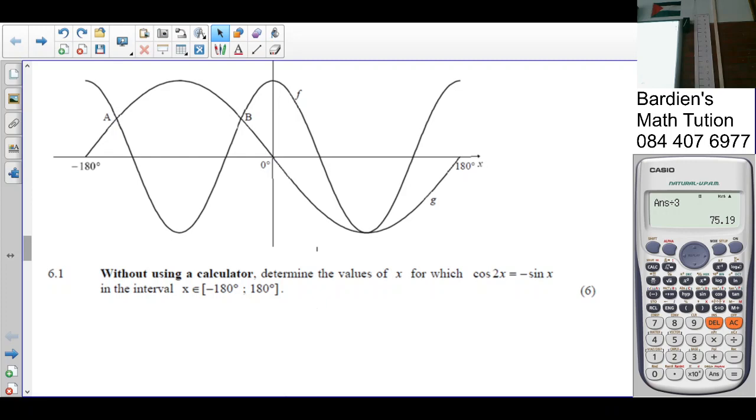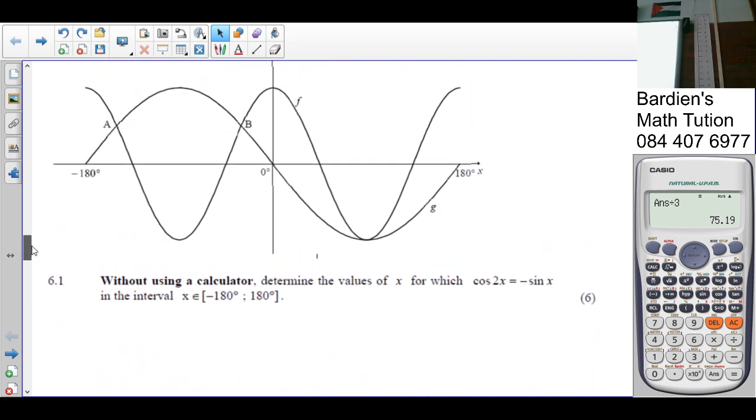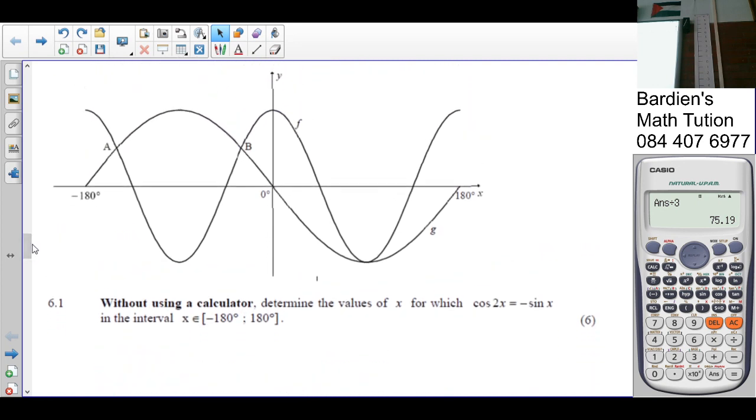So the cos of 2x graph is the f of x graph, and negative sin x is the g of x graph. The variation on this, they're going to say determine the values for x for which f of x is equal to g of x. It's the same thing. Okay?